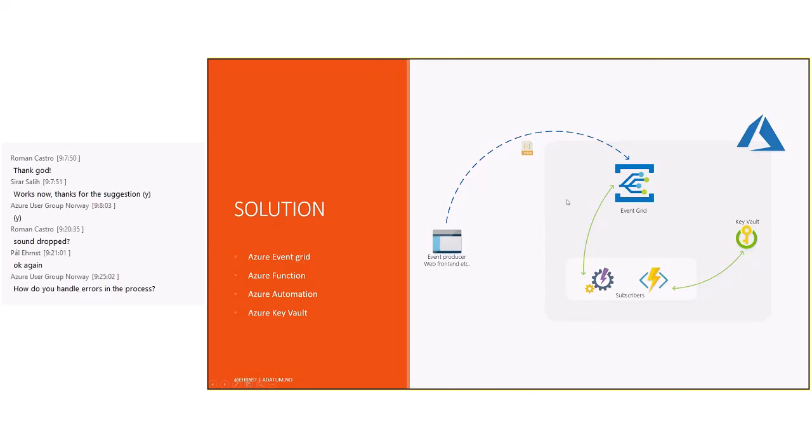Okay, there's a question. How do you handle errors in a process? In this demo, we don't have any error handling, but in the infrastructure that we built, if you're using Azure Functions, you can use, say, App Insights or Azure Monitor to pick up the errors that way.